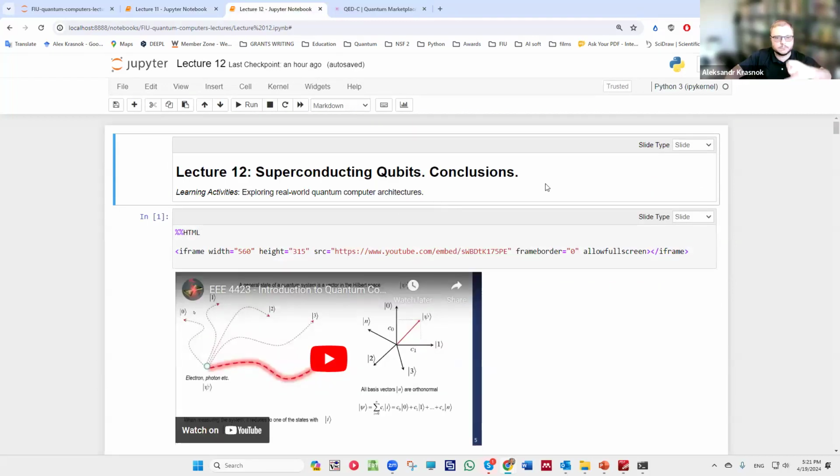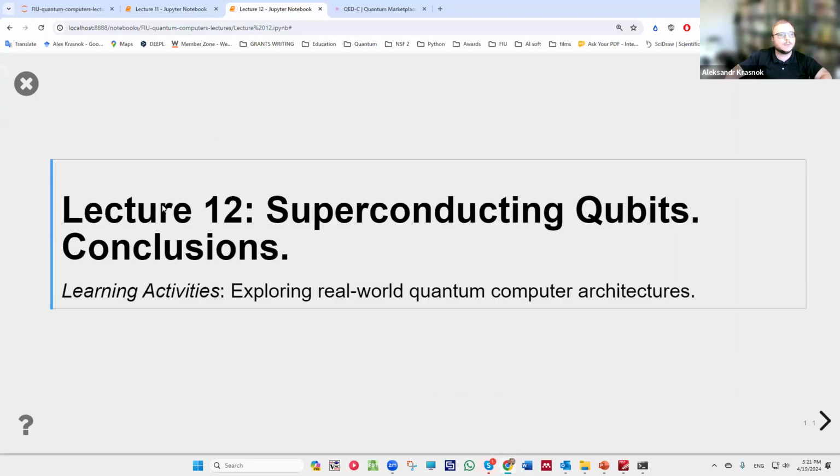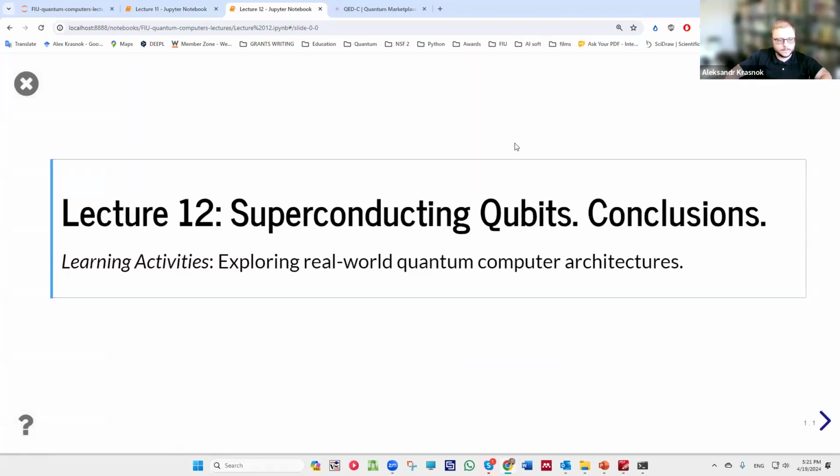Let me transition to today's lecture, unless you have any questions. So today we're going to talk about superconducting qubits. The initial plan was also to discuss neutral atom qubits and quantum computing, because that's also a very actively developing area today.